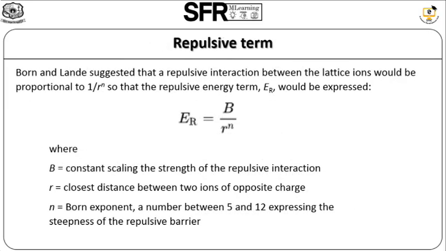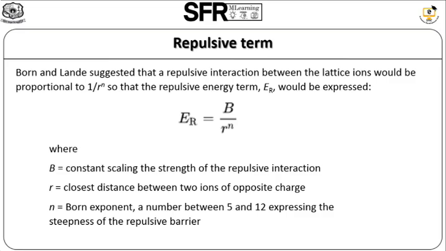The next one is the repulsive term. Born and Lande suggested that a repulsive interaction between the lattice ions would be proportional to 1 by R power n, so that the repulsive energy term E R would be expressed as E R is equal to B divided by R power n.